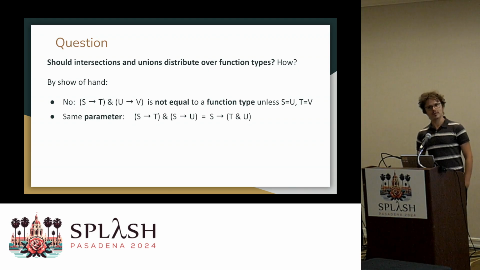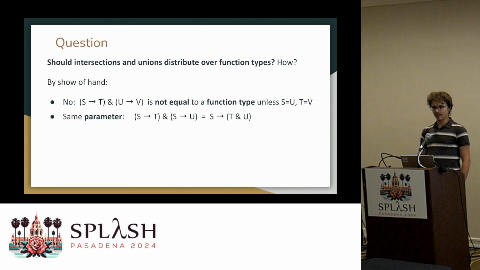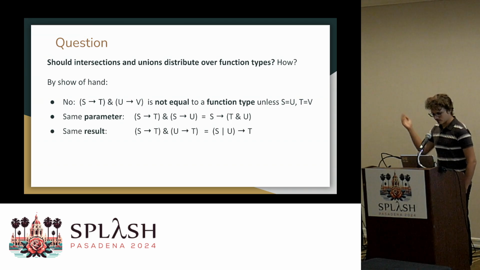It might be sound in some systems and not in others. Raise your hand if you think this looks good. Wow, nobody. One person. Okay. Actually, this doesn't really work in the presence of side effects, but that's another story.